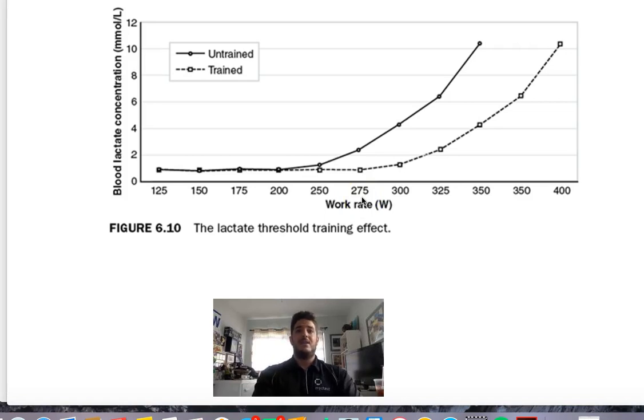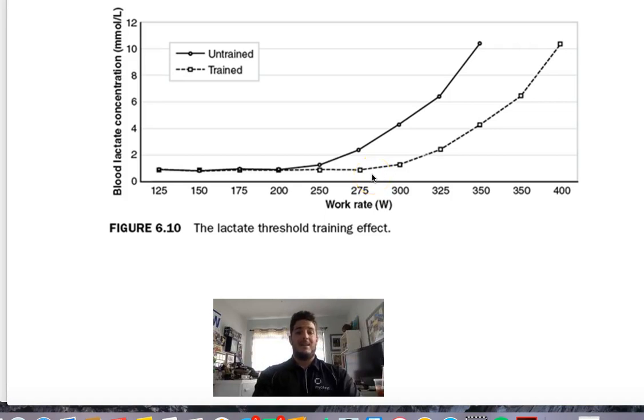A second increase in lactate accumulation has been noted at higher relative intensities of exercise. The onset of blood lactate accumulation is the second point of inflection, the amount of blood lactate that the body is accumulating at the time.